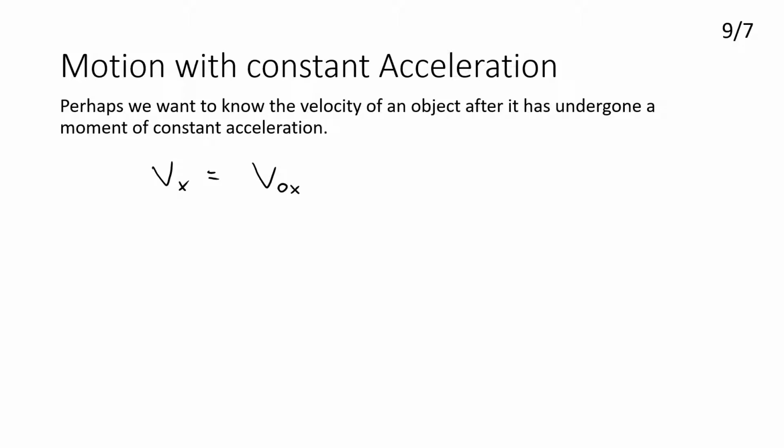So if I had that car, its initial velocity was this, and I don't change it in any way, then its final velocity is also that. They're the same. We want to add a slight tweak to it. So we're adding some sort of change to velocity, which is an acceleration.